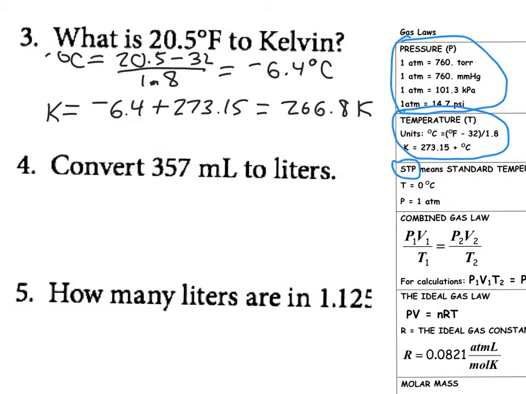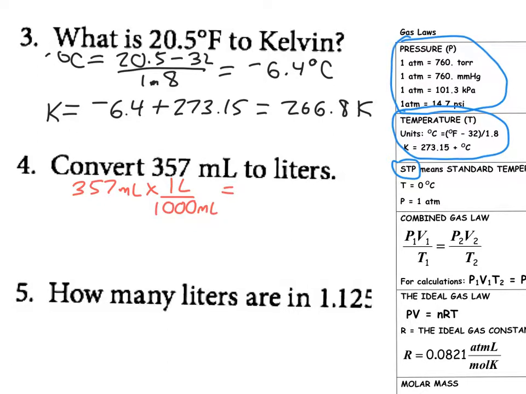Okay, the next one involves a simple conversion of milliliters to liters. In the conversion factor setup, I have milliliters, and I know that 1 liter over 1,000 milliliters would be the conversion.